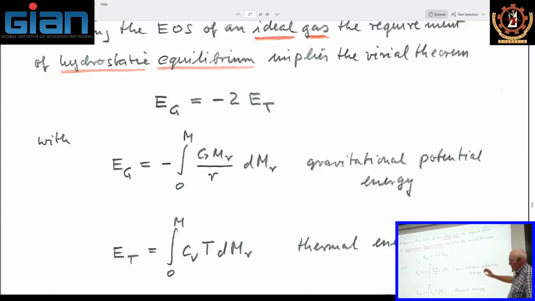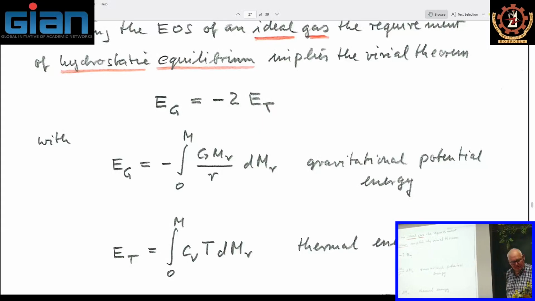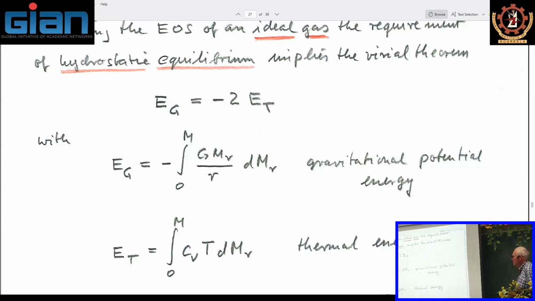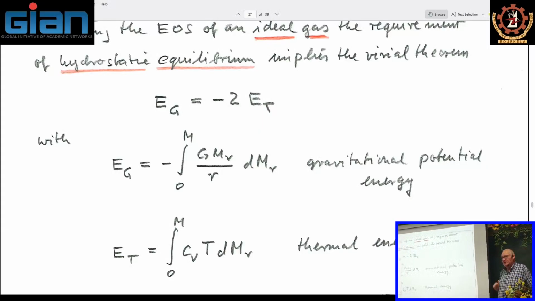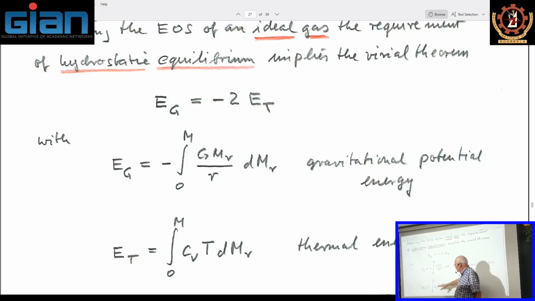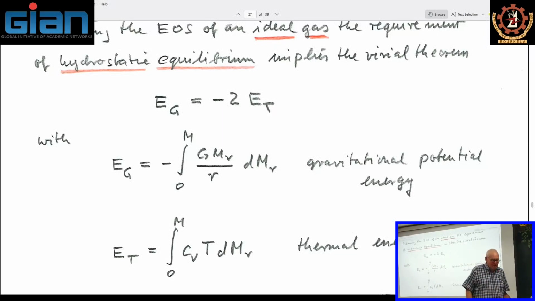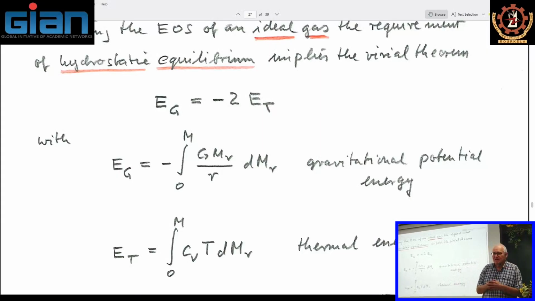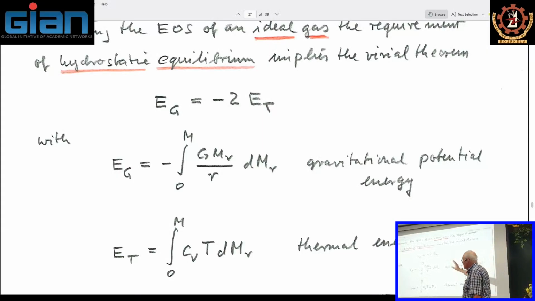Okay. Well, the assumption to arrive at this form of the virial theorem was hydrostatic equilibrium. Now we are dealing with two kinds of energy, the gravitational energy and the thermal energy. So sometimes the virial theorem is confused with energy conservation because we are dealing with energies. But we have not adopted the energy equation.